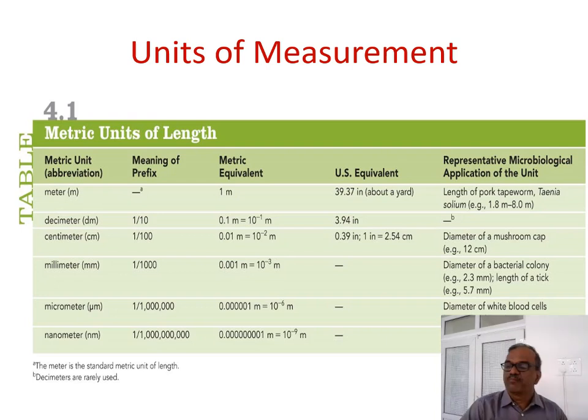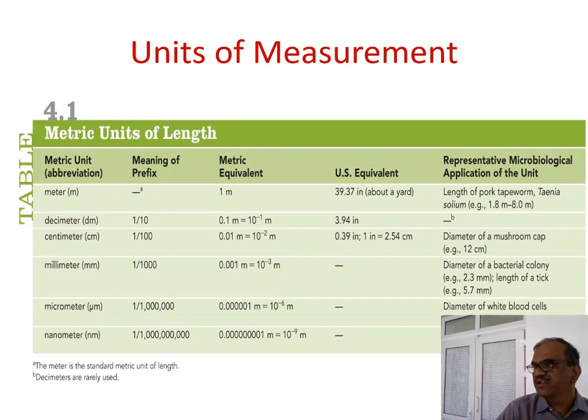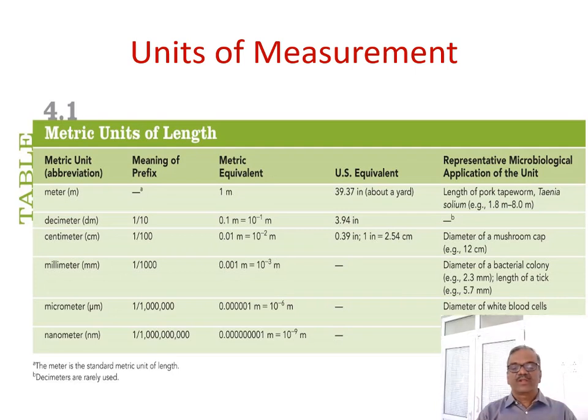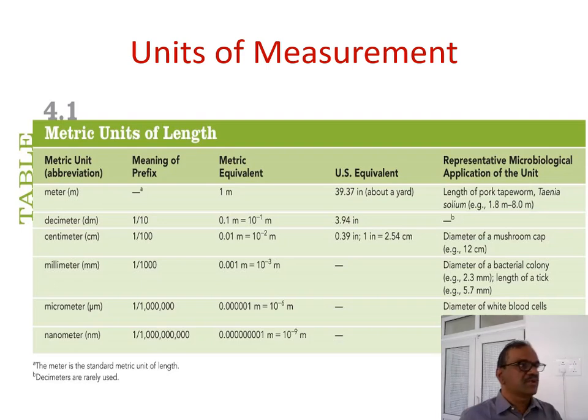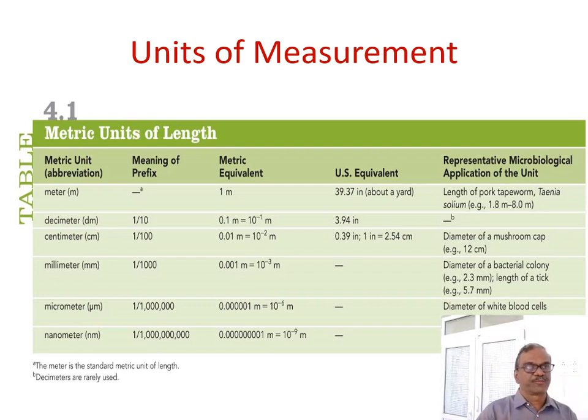So 10 to the power of minus 9 is nano, 10 to the power of minus 6 is micron, and 10 to the power of minus 3 is millimeter. Like that we use the metric units based on the size of the objects, whether we are measuring at the centimeter scale, the millimeter scale, the micrometer scale or the nanometer scale.